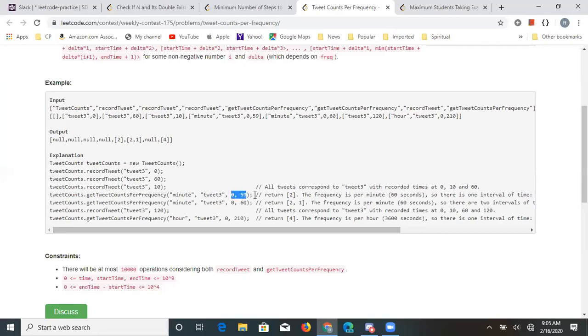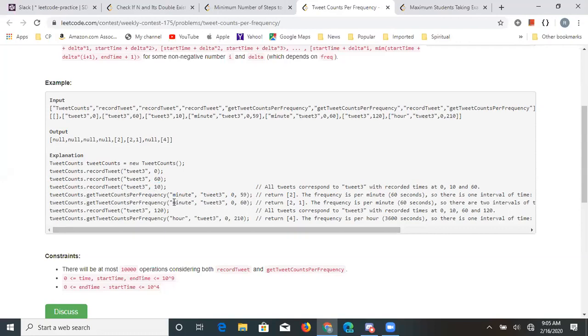Regardless of the granularity, the time is always in seconds. Yeah, that's how I read the question. You are storing this only in seconds. Not just storing, even the start time and end time in the get tweet count per frequency function are also in seconds. If you look in the brackets, it says start time in seconds, end time in seconds. Yeah, we will come to this in the next example.